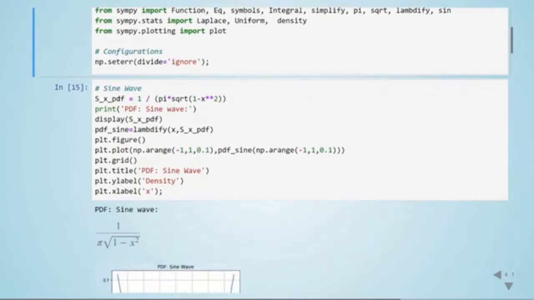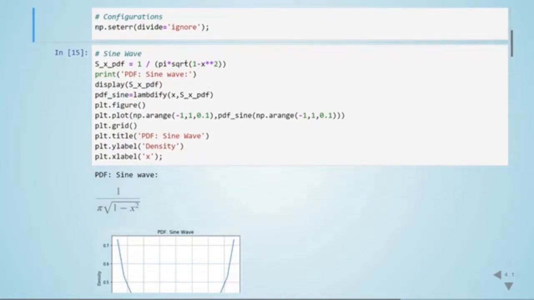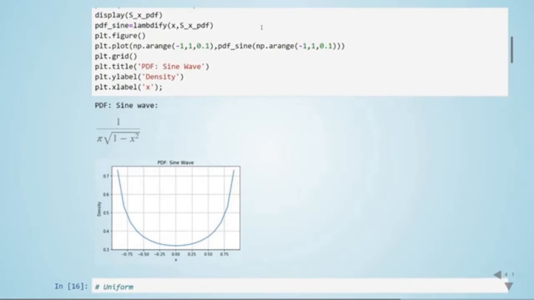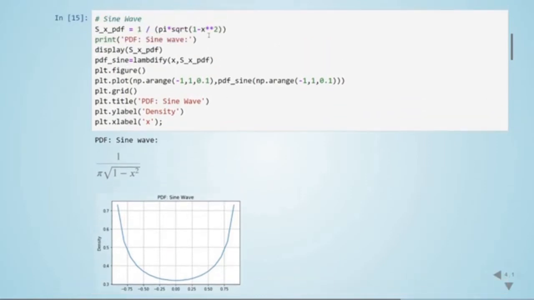So here for the sine wave, in some previous notebook, we calculated the PDF of a sine wave, and it's given by this formula here. So here I'm defining this symbolic formula for the sine wave. Then I'm lambdifying this, so this now will be transformed into a lambda function that we can use to compute numerical values. So here I'm creating a NumPy array from -1 to 1 with steps of 0.1, and here I'm calculating this PDF, so this formula here.